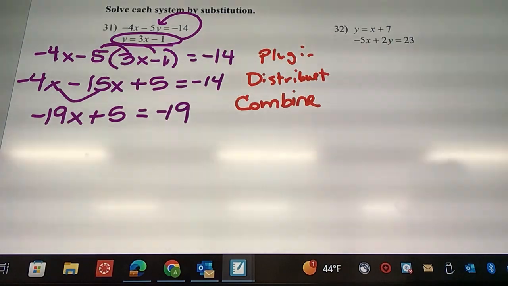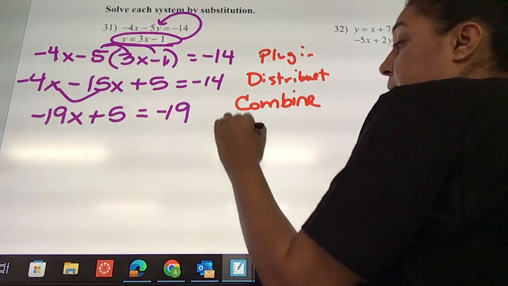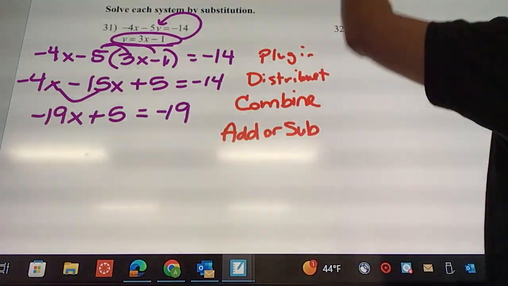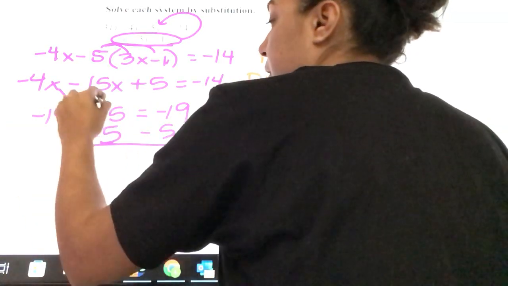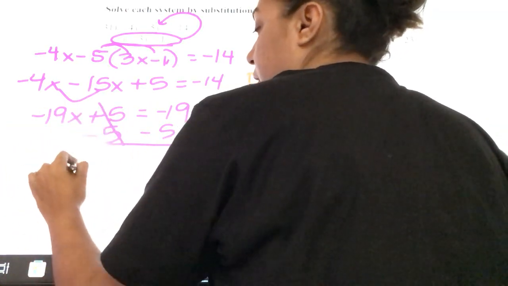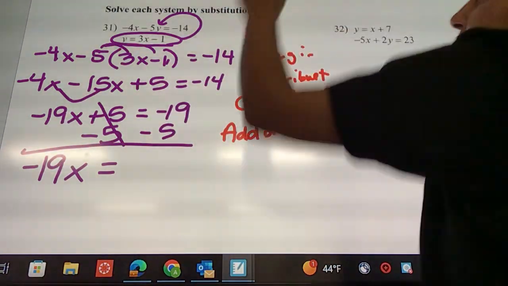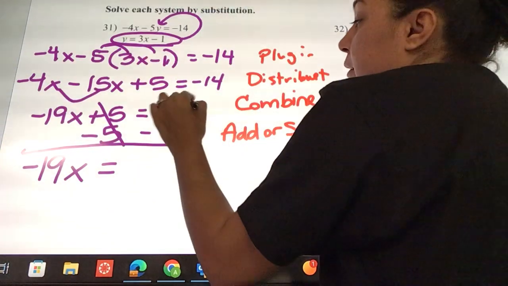Okay, then your next step is going to be to add or subtract. In this case, we're gonna minus 5. Oh shoot, look at that. I said 19. This should be a 14 right here. I got a step ahead of myself.